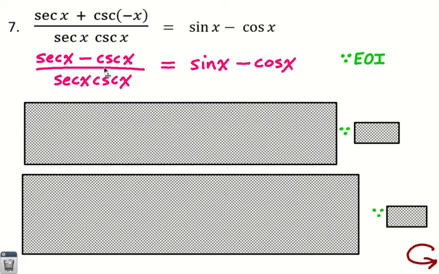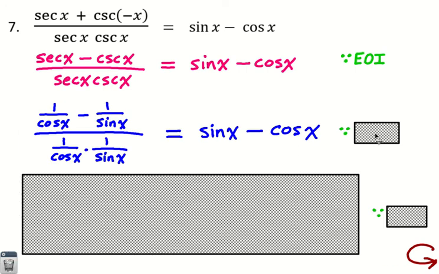So now what we're probably going to do is change everything to sine and cosine, because it looks like it was all reciprocal identities. I mean, you should know.